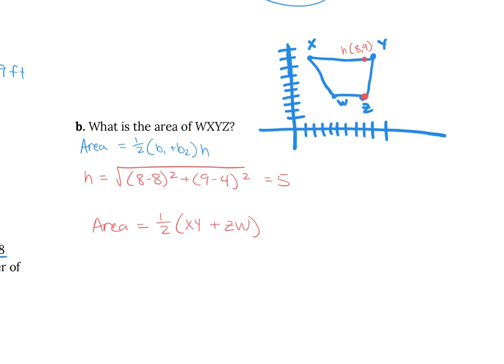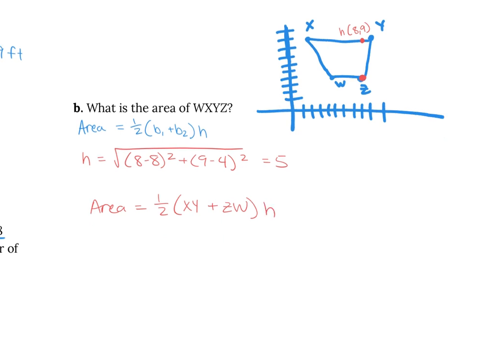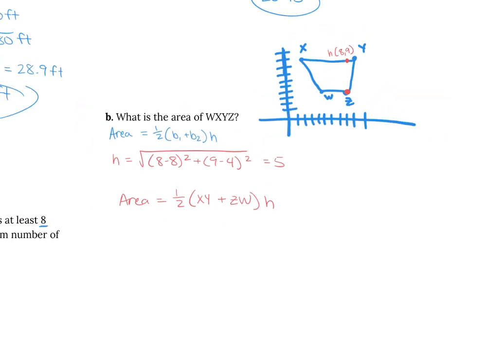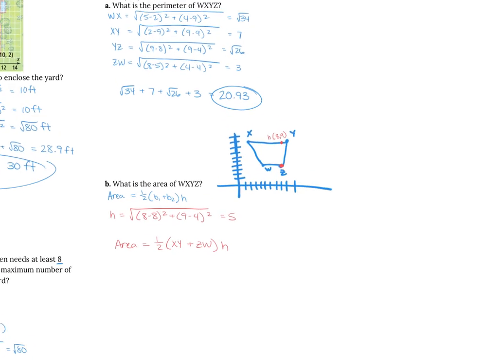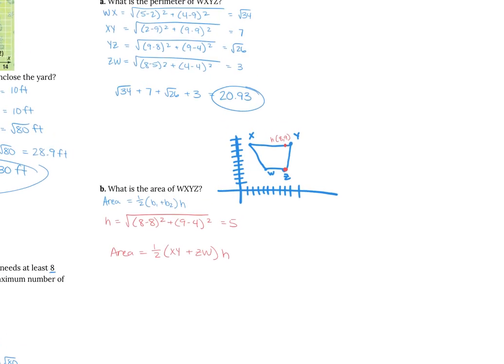And then we multiply that by the height that we just found. So 1/2 times XY, which is 7, plus ZW, which is 3, times the 5 of the height. All right, once I calculate all of that, I'm going to get 25 for the area of WXYZ.